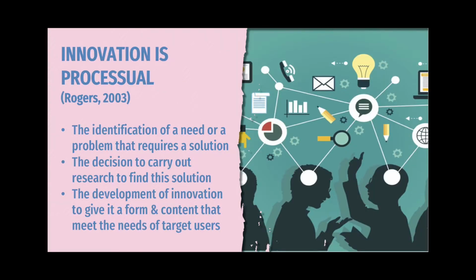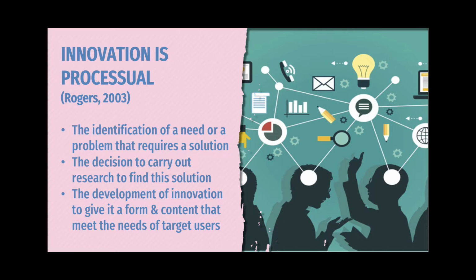So in the first part of the textbook of Francesco Emelia on the sociology of economic innovation, they suggest certain key principles and key characteristics that make an innovation an innovation. The first one is that innovation is processual, or an innovation is a process.